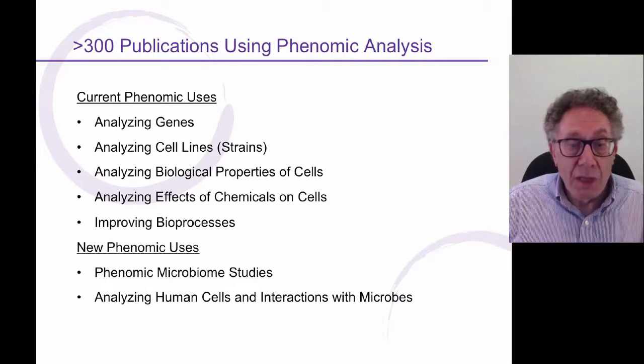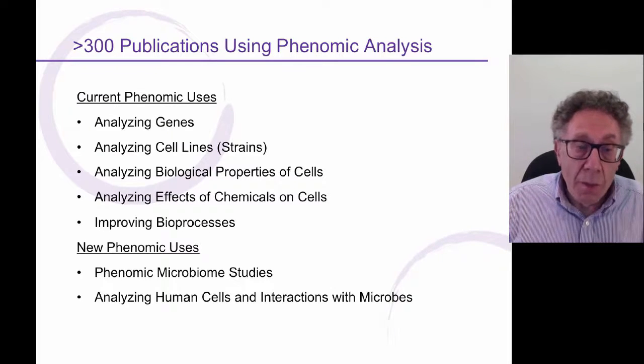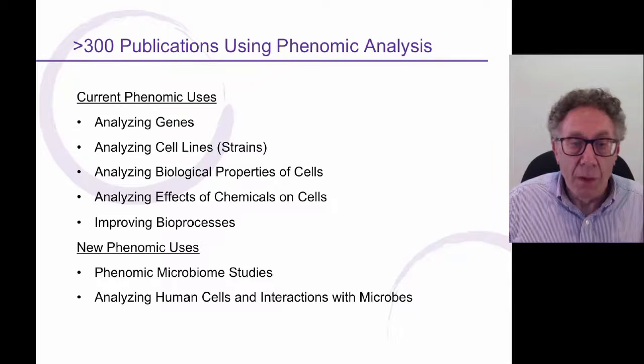Some of the newer uses of the technology are in microbiome studies based on phenomics rather than metagenomic sequencing, or in addition to metagenomic sequencing, and analyzing human cells and interactions of human cells with microbes.